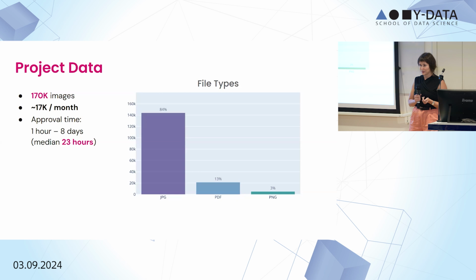These are scans of the documents, or even more often, these are just smartphone pictures of these documents. And that's what we need to work with. So the rough flow of the data is 17,000 documents per month. And right now, their approval time ranges from 1 hour to 8 days. So you can see there is a lot of room for improvement here.